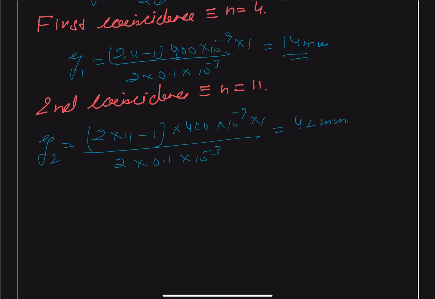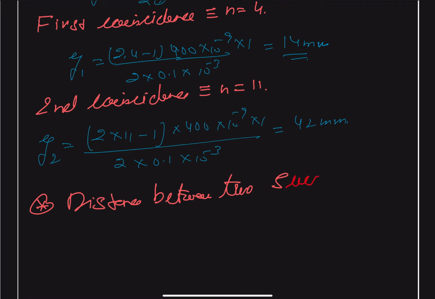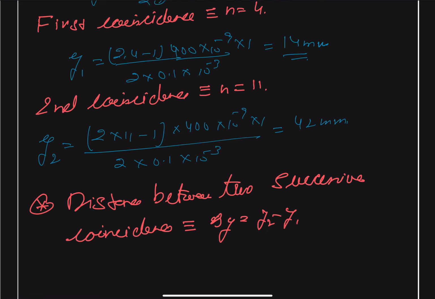And then we are going to find the distance between two successive coincidences. Let us suppose that is delta y, y2 minus y1.